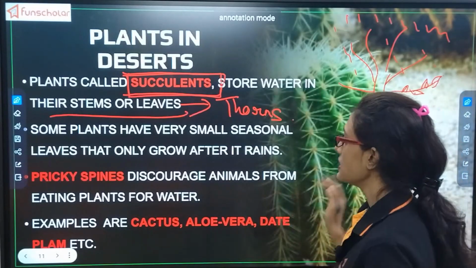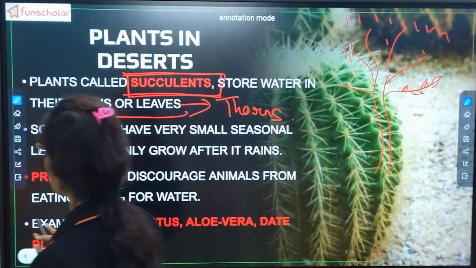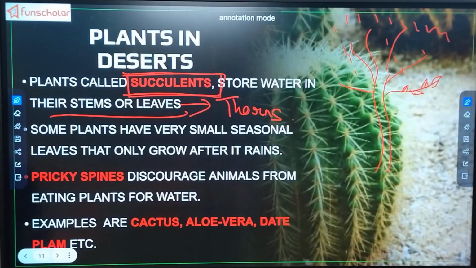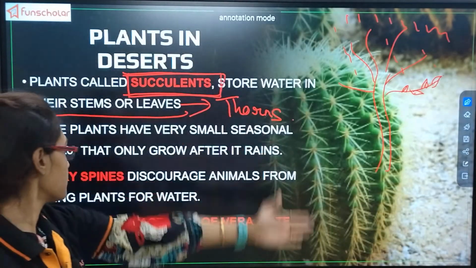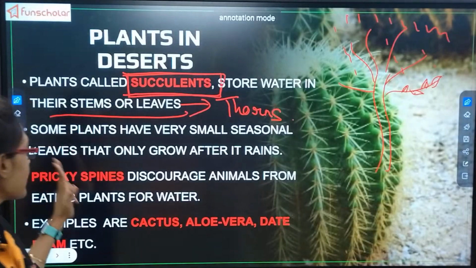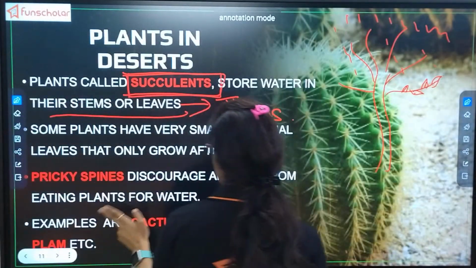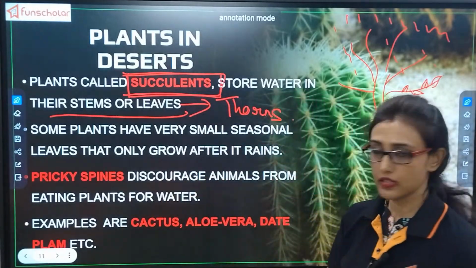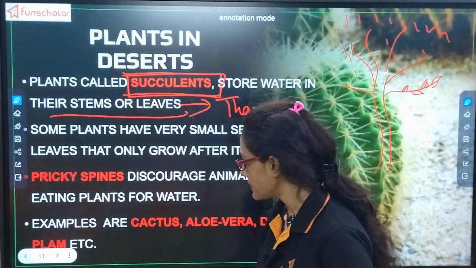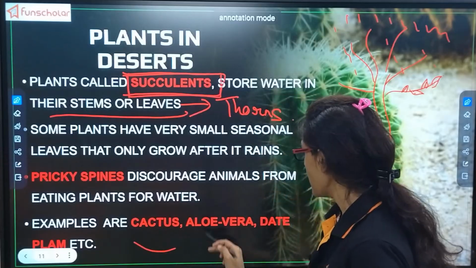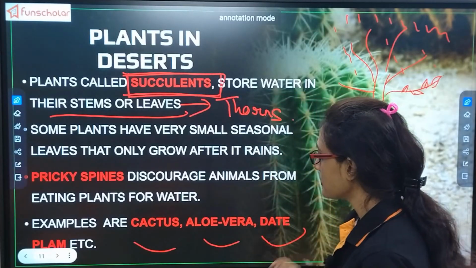So there are some plants that have leaves only after it rains. Then prickly spines or thorns discourage animals from eating the plants for water. This I have told you. Examples you also know: cactus, aloe vera, date palm.